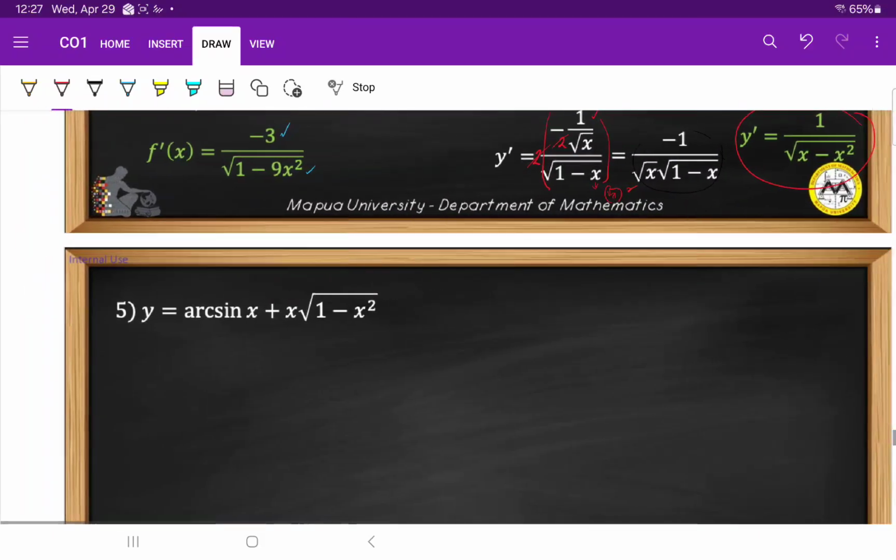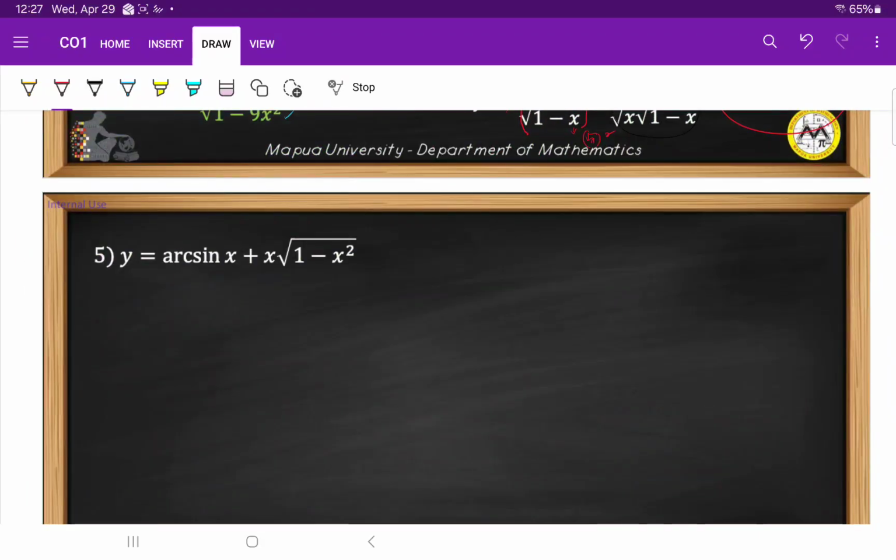Now, for number 5, let's rewrite this. We're given y is arc sine x plus x square root of 1 minus x squared. So how do we differentiate this one?